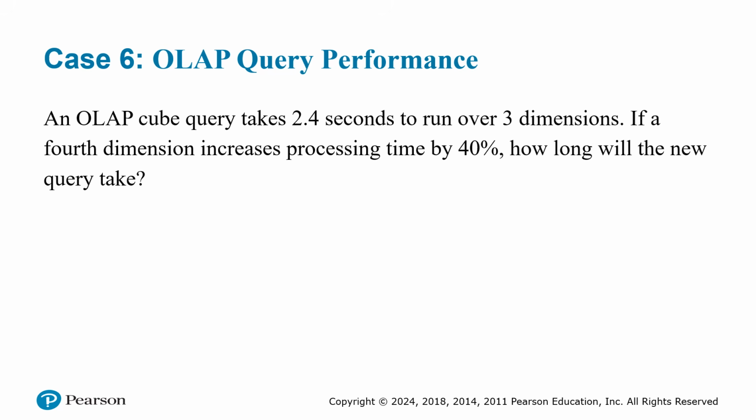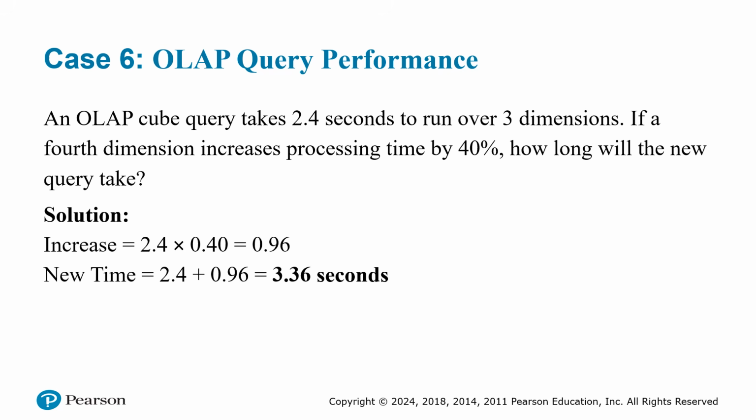If a fourth dimension increases processing time by 40%, how long will the new query take? So 40% of 2.4 seconds is 0.96, and the new time is adding that to the existing time: 2.4 plus 0.96, which is 3.36 seconds.